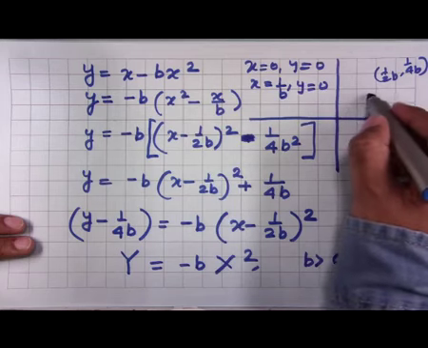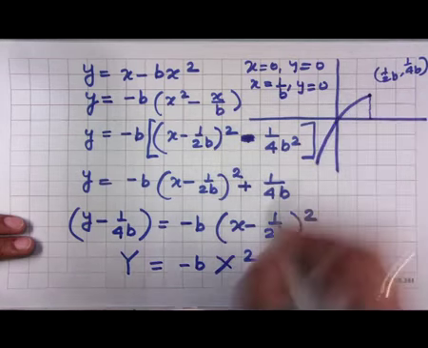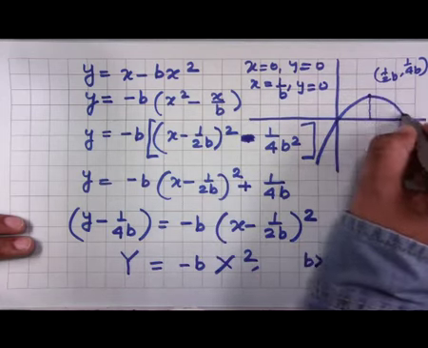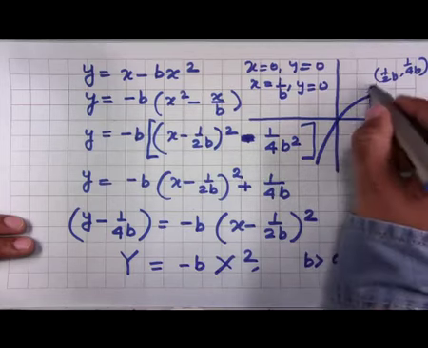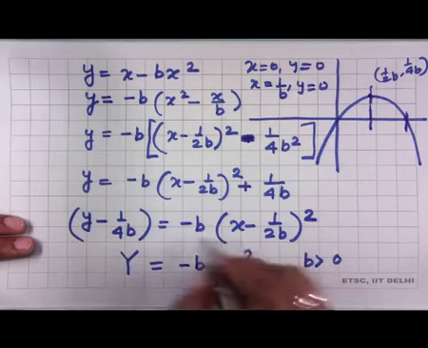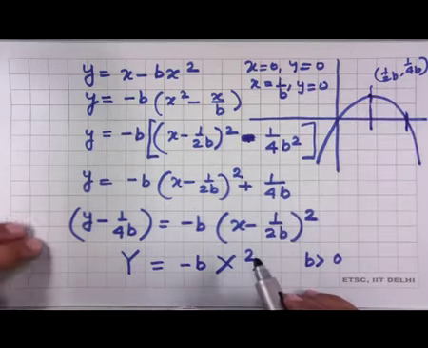So this is an inverted parabola whose axis is x equals 1 by 2b and vertex is 1 by 2b, 1 by 4b.